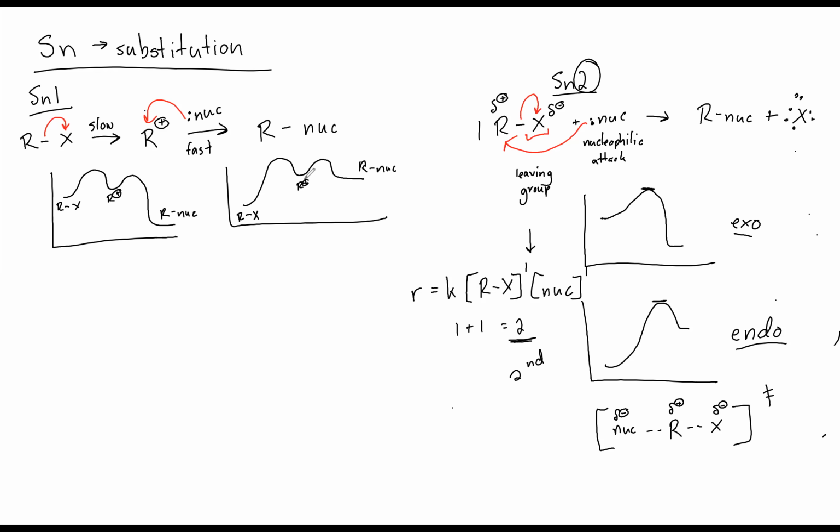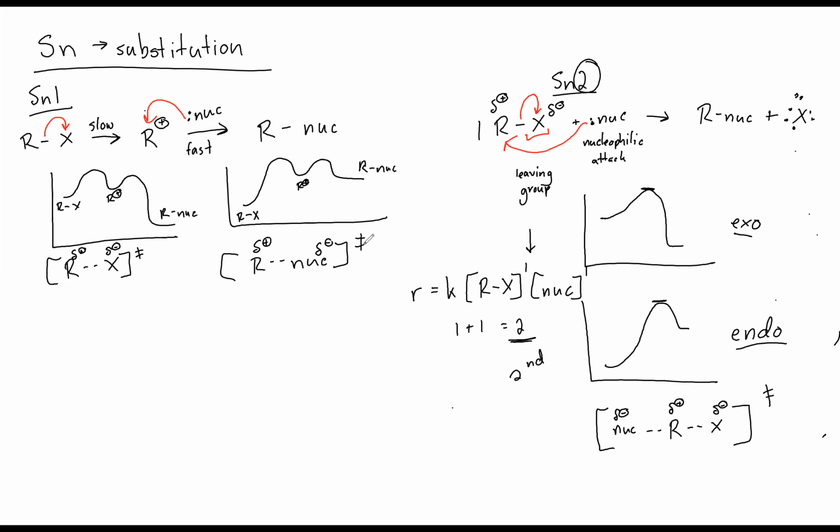Again, we're going to have two transition states: one where the RX bond is being broken, partial positive, partial negative, double dagger, and one where the nucleophile bond is being formed, again partial negative, partial positive, double dagger.